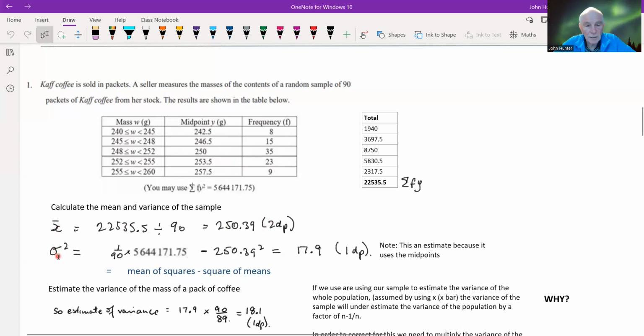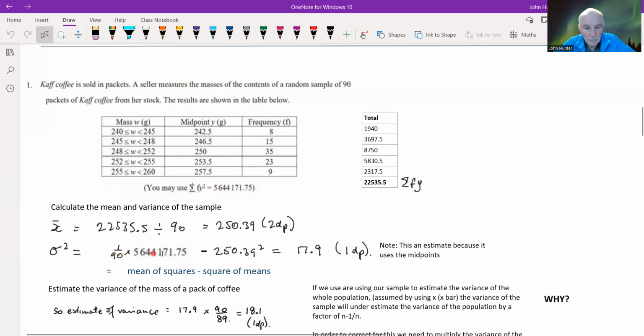And the variance of this data is going to be the mean of the squares minus the square of the mean. So now we're told the sum of the squares. So if we squared each of those, multiplied it by that, and then did it for all of them, and then added them all together, this is what we would get.